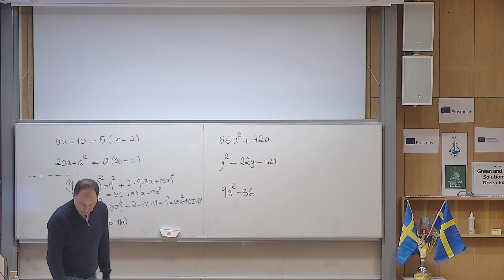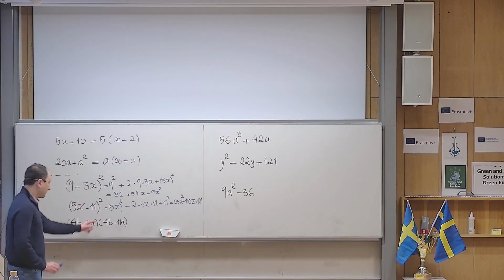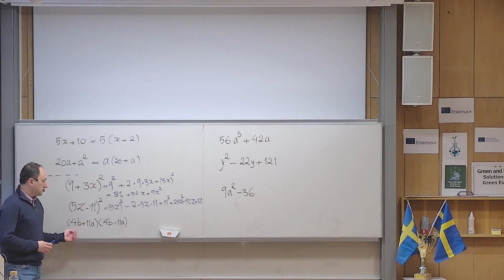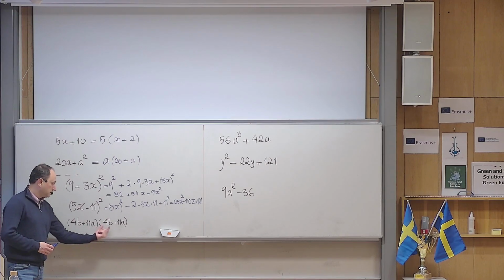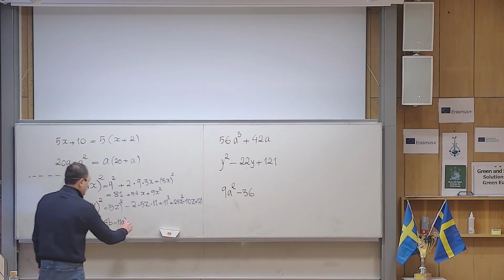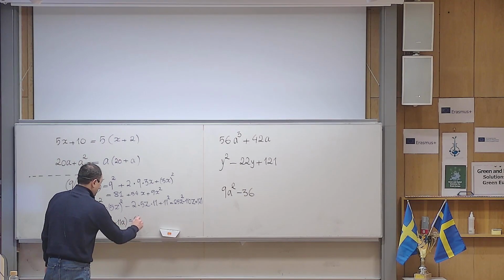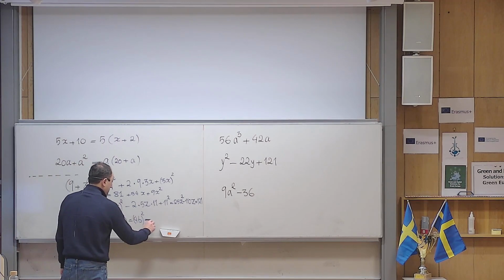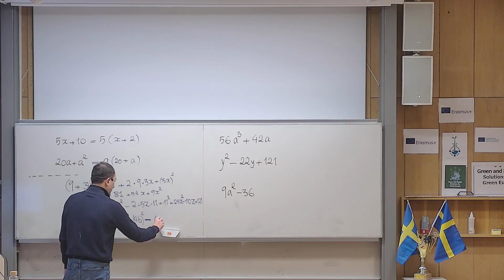But hopefully you remember the pattern here. What pattern is this? This is the conjugate pattern, because I have two expressions involved, once added, once subtracted, and I want to multiply them. So the answer becomes the first one squared minus, always minus, the second one squared.